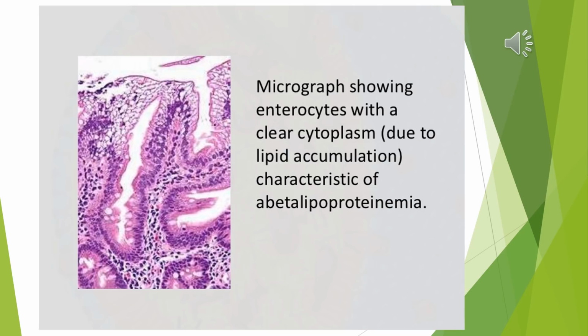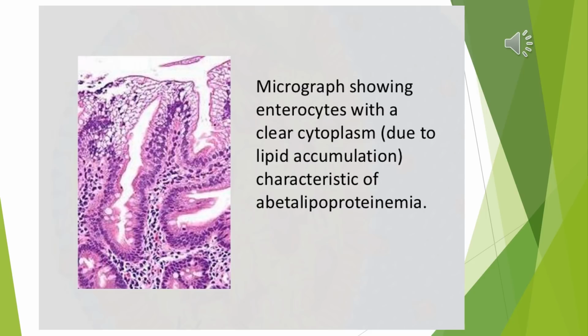So this is the typical microscopic appearance that is seen in this rare autosomal recessive disease, and it is characterized by the appearance of clear cytoplasm due to lipid accumulation, as you can see in the surface epithelial cells lining this part of the small bowel.